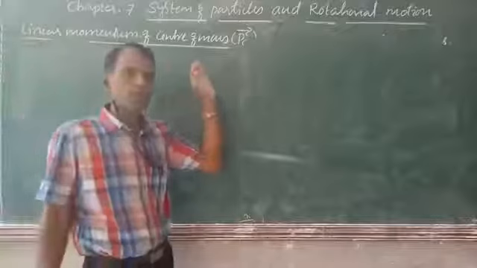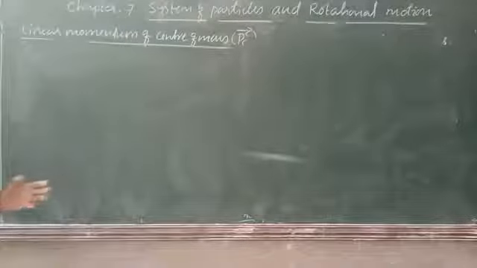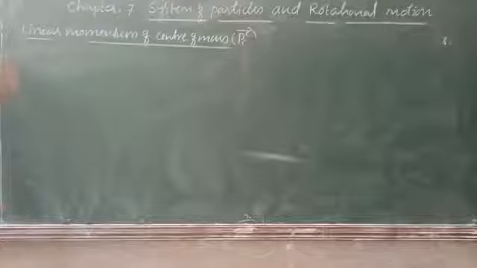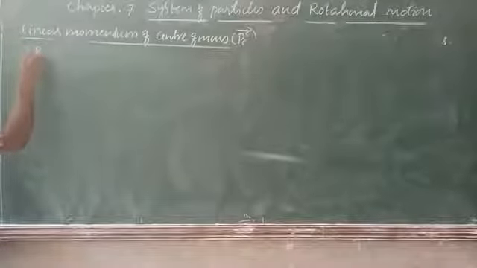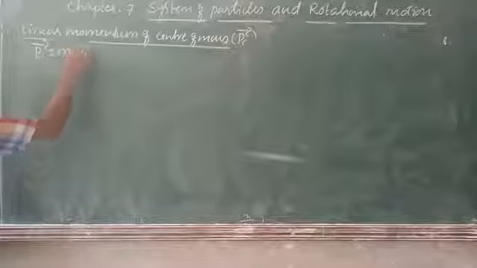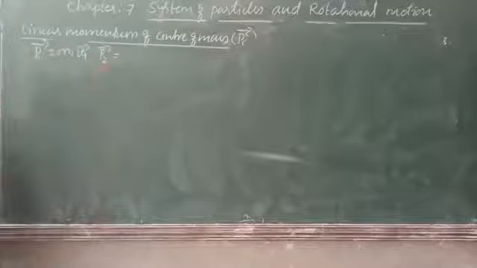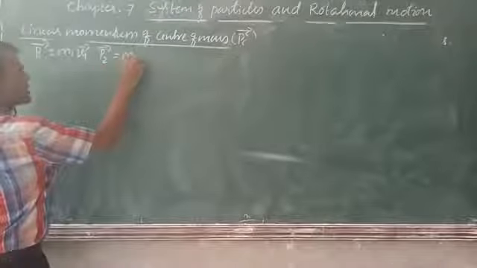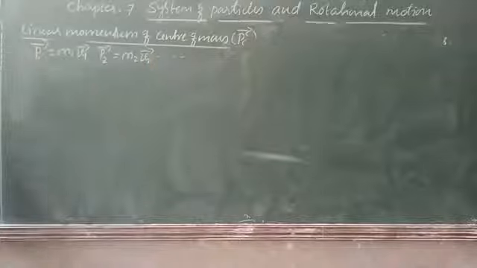Suppose we take a system of particles having masses m1, m2 etc. with velocities v1, v2 etc. Then the linear momentum of individual particles can be written as p1 is equal to m1 v1 vector, and similarly for the second particle, linear momentum can be written as m2 v2 vector and so on.